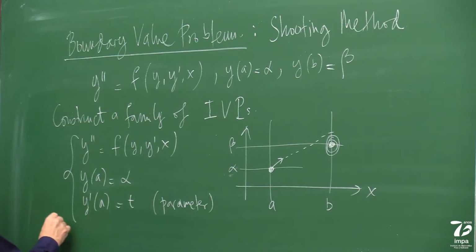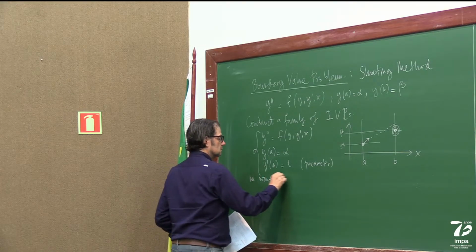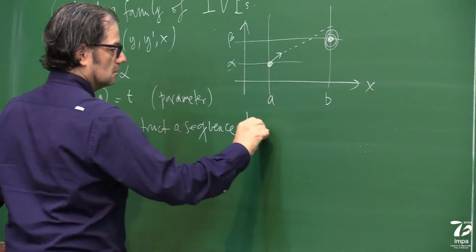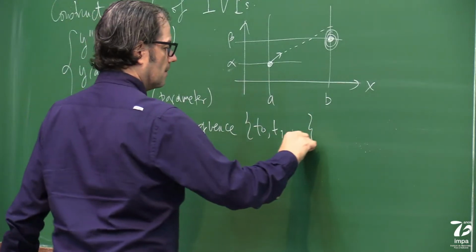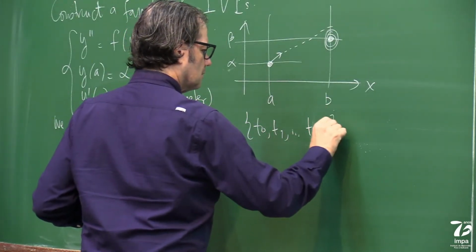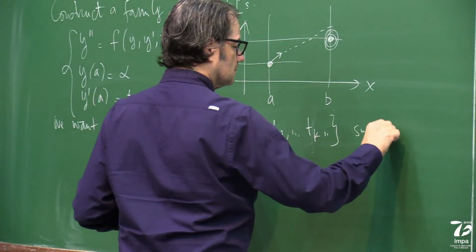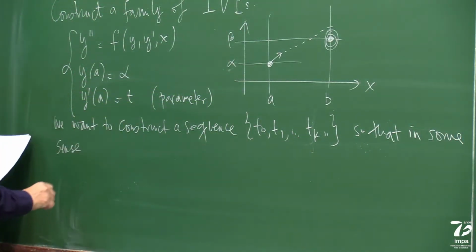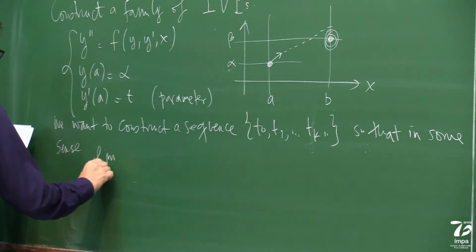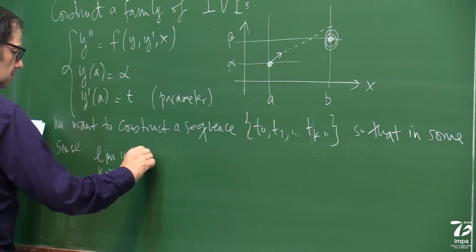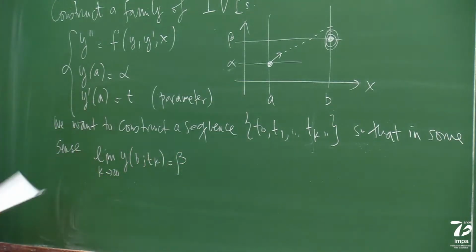So what we want is to construct a sequence, so that, let me actually put the index right, in some sense, okay, we're not going to prove this, but we would like to get, at least in an informal way, a feeling that this will happen, that we eventually will hit the target.